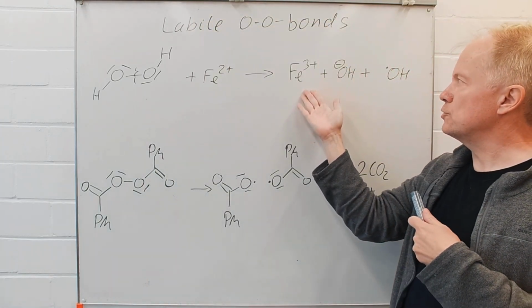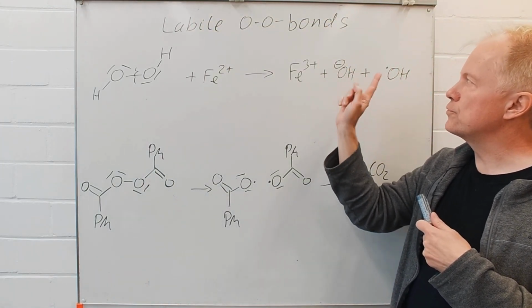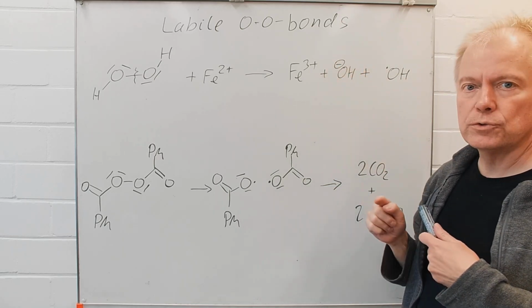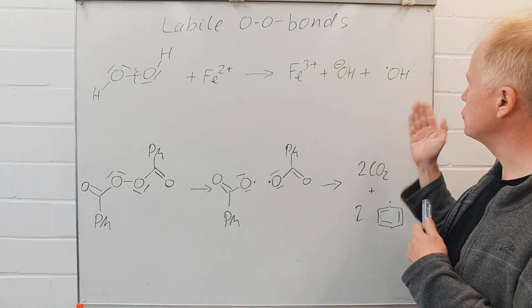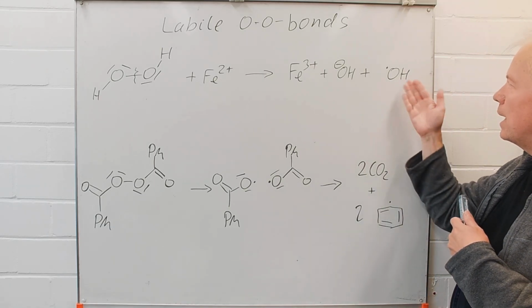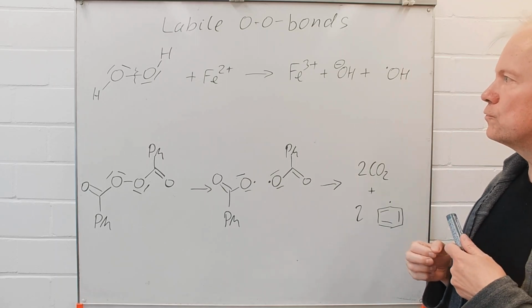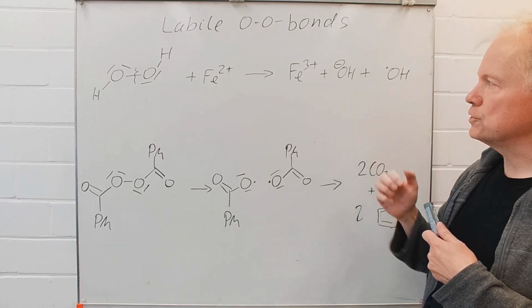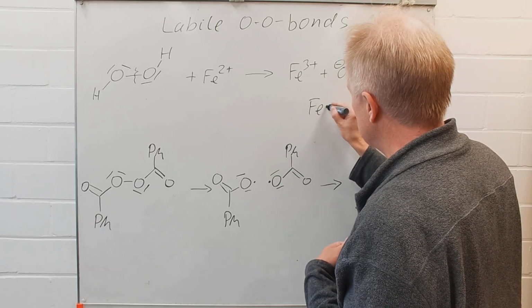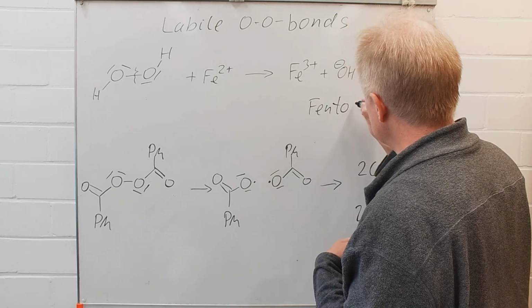We will get to iron 3+ and a hydroxyl anion, and most important, also in solution, a hydroxyl radical is formed. This is called the Fenton reagent.